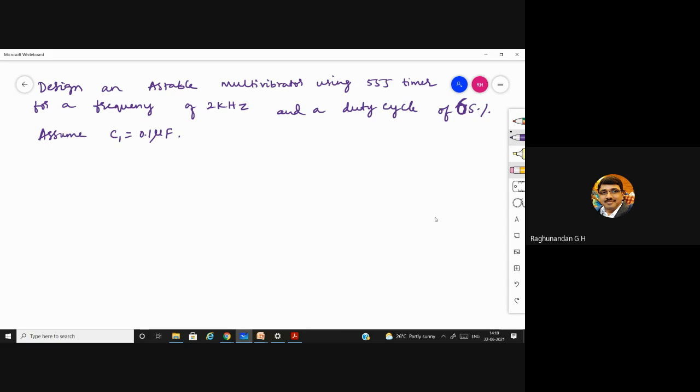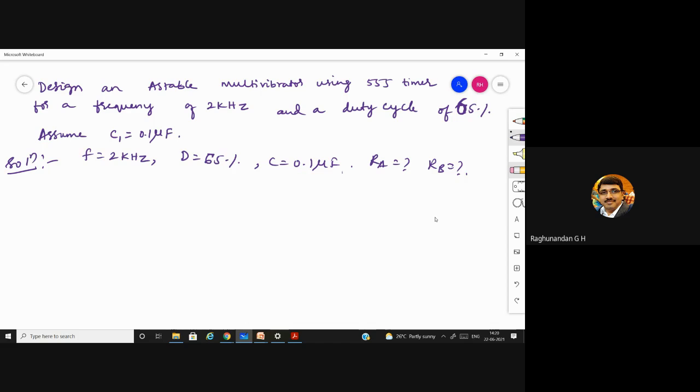Design means we always need to find the resistance values. So in order to find the resistance values, let us first take the given: F is equal to 2 kilohertz, the duty cycle is 65% and C is given, 0.1 microfarad. Now we need to find RA and RB.